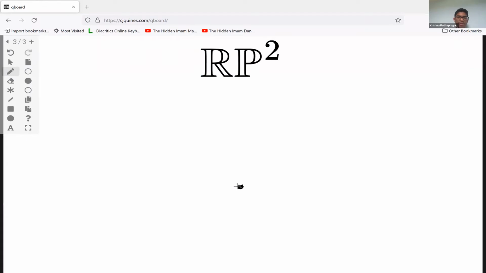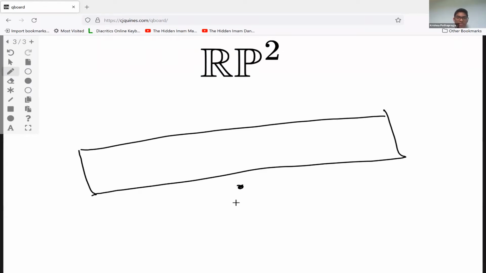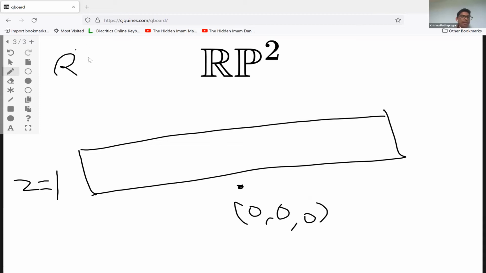So what we're going to do is imagine 3D space. This is the point 0, 0, 0. This is the plane z equals 1. We are going to map all the points in 3D space except for 0, 0, 0.